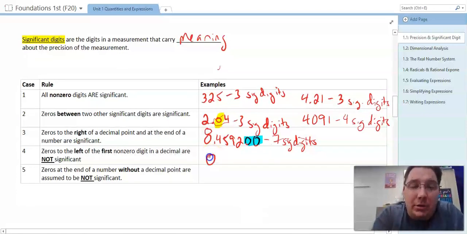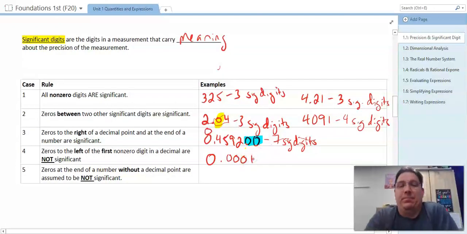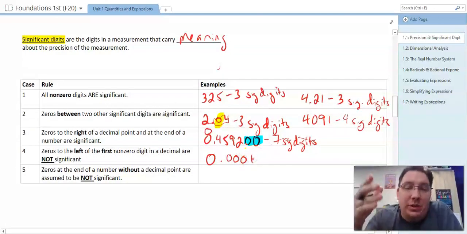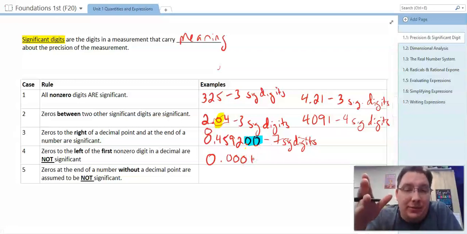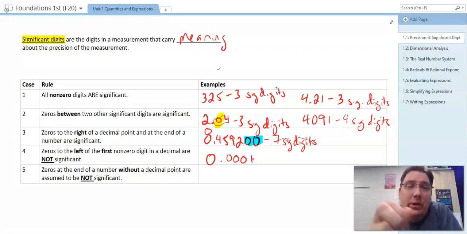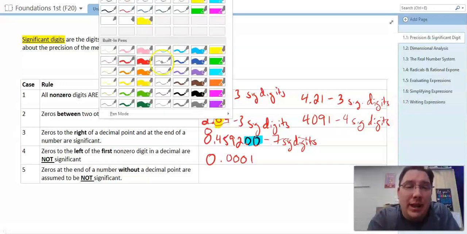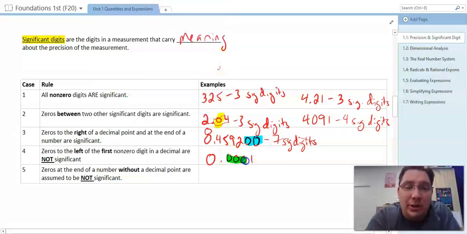So if I have the number 0.0001, okay, we started with a 0, so that 0 is not significant typically, and we'll talk about why or why not it might be in certain cases. But this leading 0 here is not significant, which means that these next 3 zeros here, and also the one that we were talking about leading, all of those are not significant.